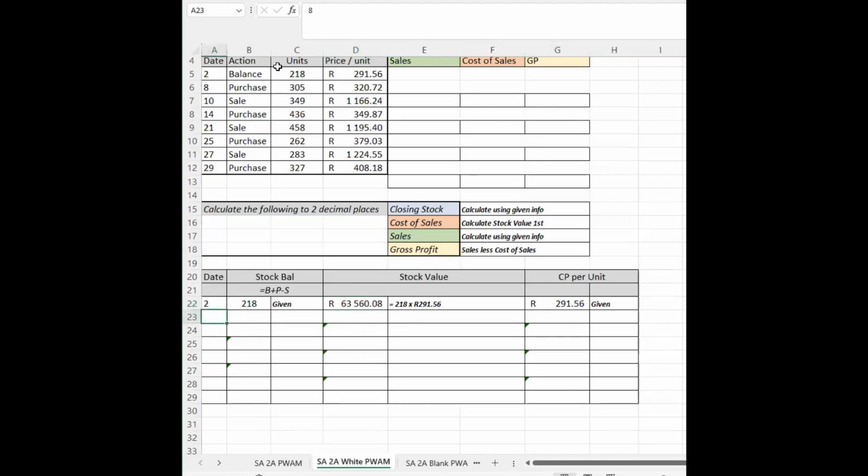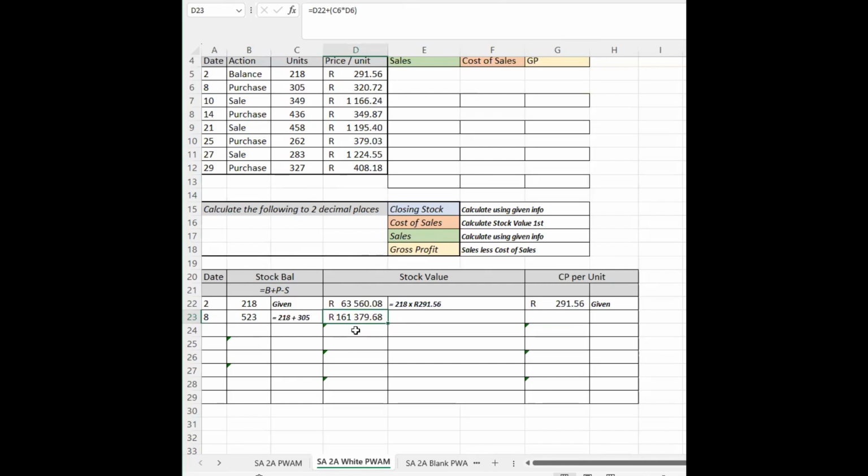Then on the 8th, we buy 305 units. If we buy 305 units and we had 218, we now have 523, simply by adding the two. And now I can calculate the stock value.